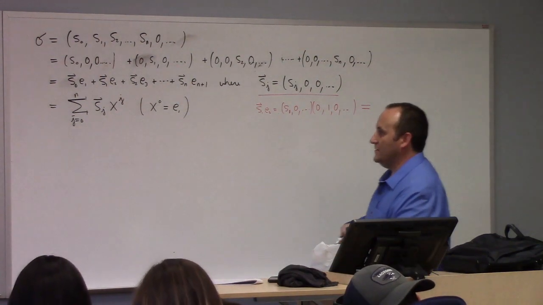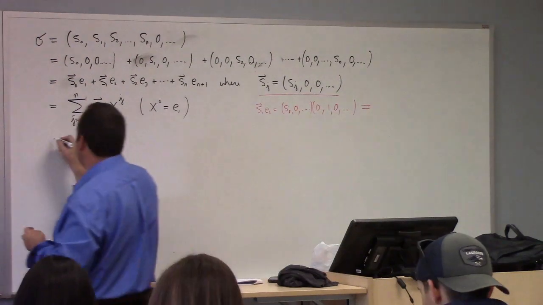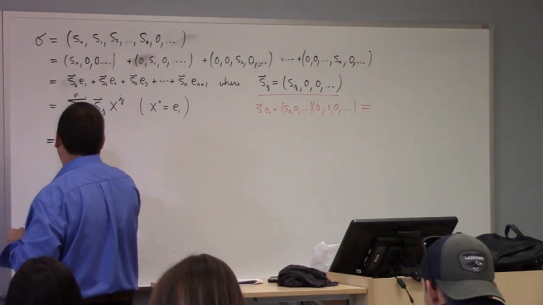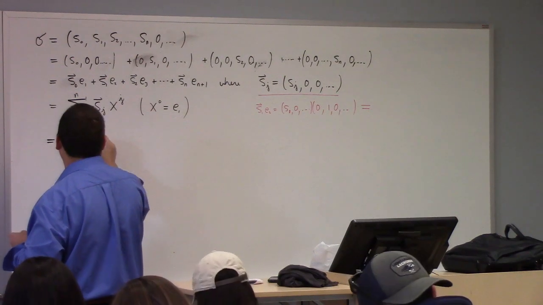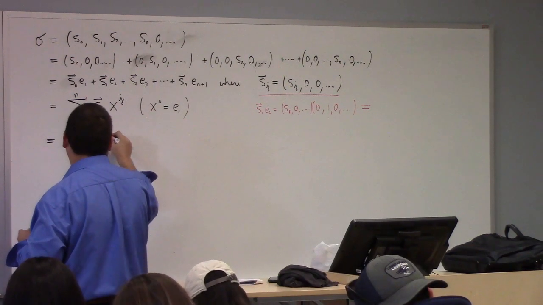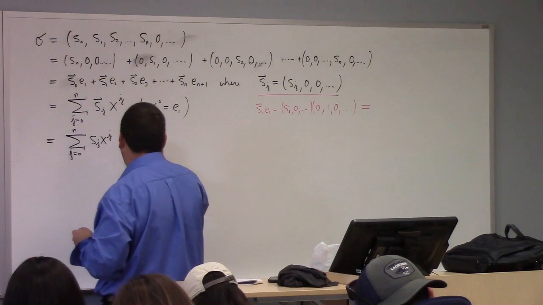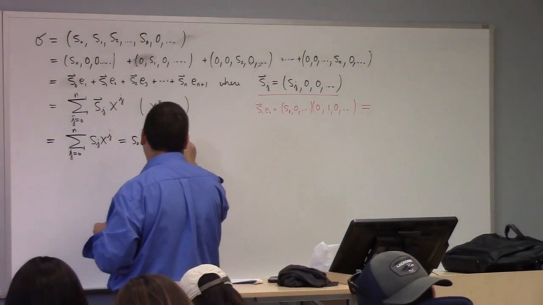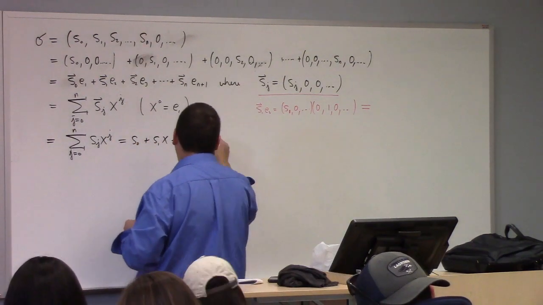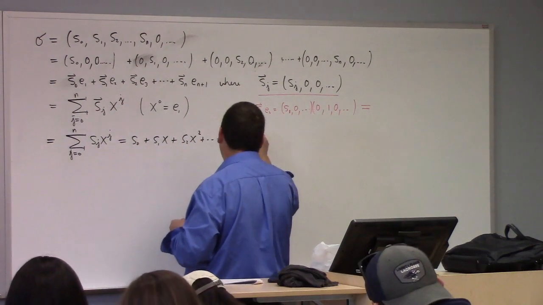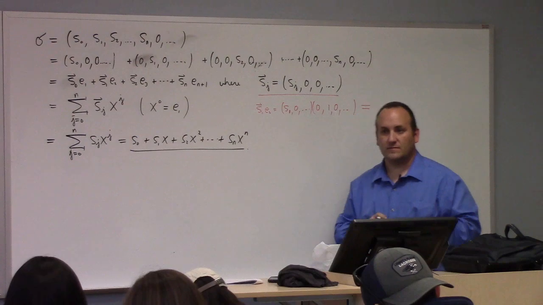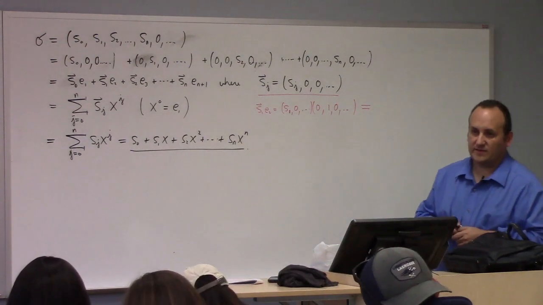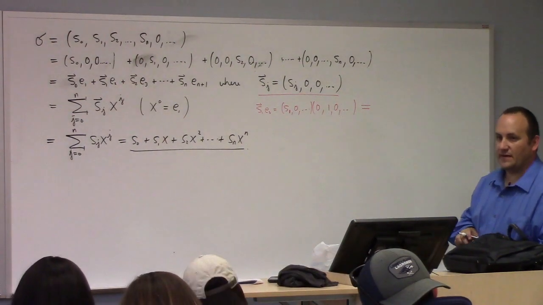And then, finally, we drop the vector and write the sum from j equals 0 to n of sj x to the j, which is our typical s0 plus s1x plus s2x squared plus sn x to the n. Of course, here you go, the polynomials you know and love: linear combinations of powers of x from 0th up to nth order.